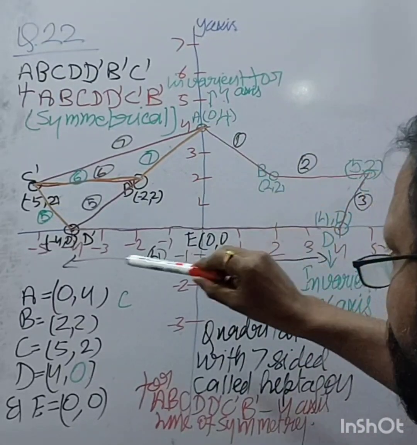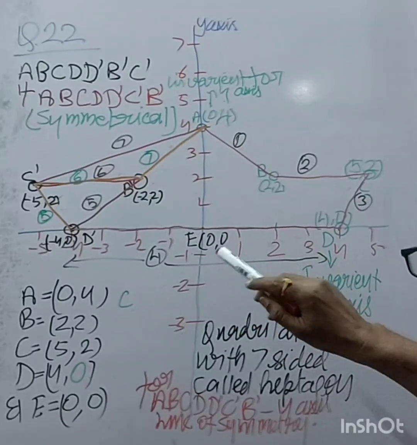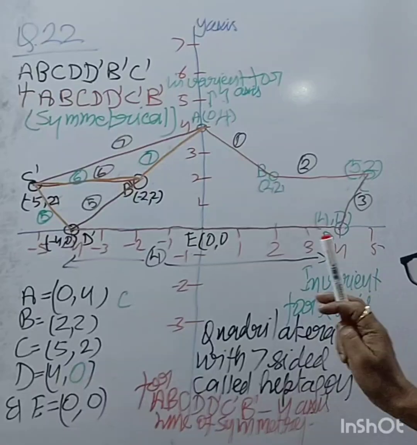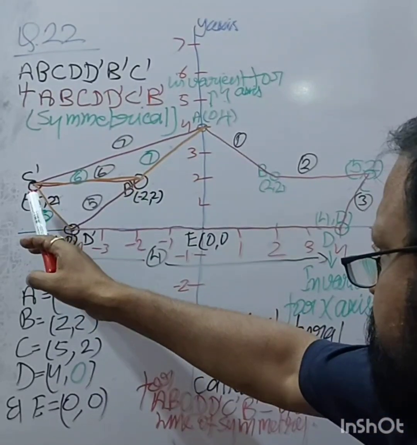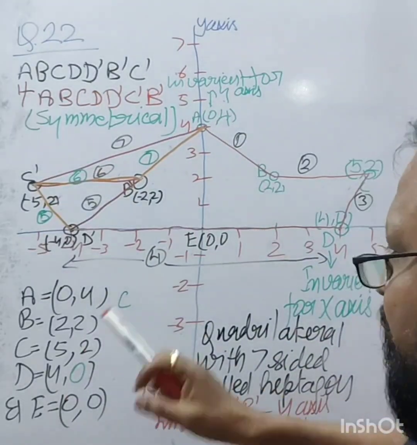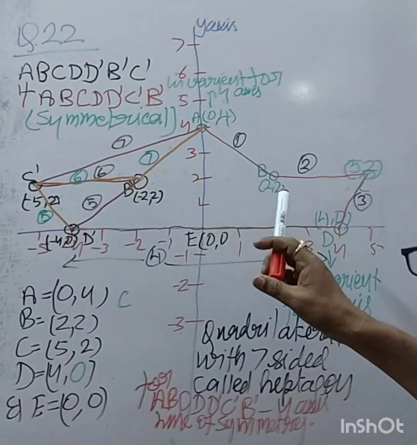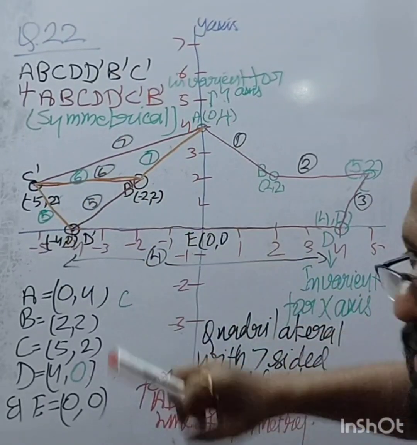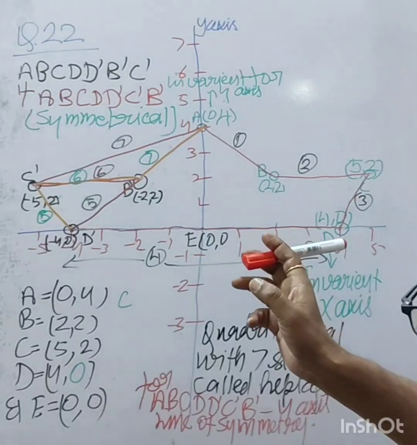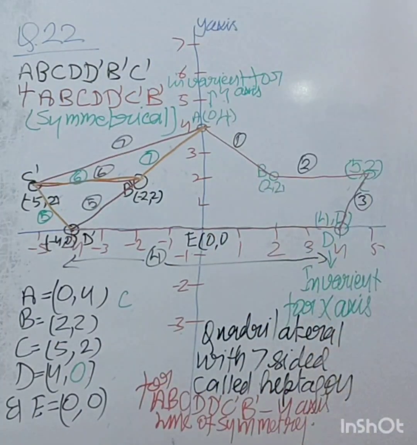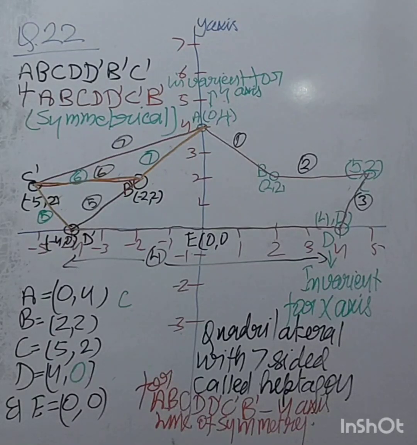So this is a symmetrical figure. If we take A, B, C, D, D dash, C dash, B dash, and then A, this is symmetrical. But what you have taken, A, B, C, D, D dash, B dash, C dash, A dash, is geometrical but not symmetrical. This much is sufficient?